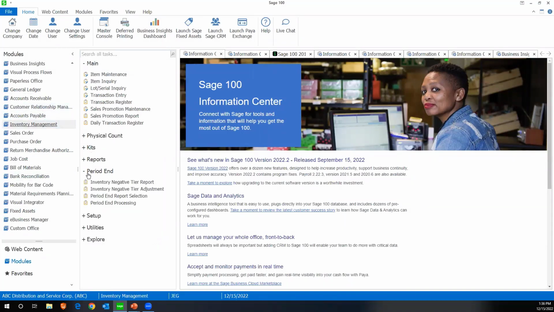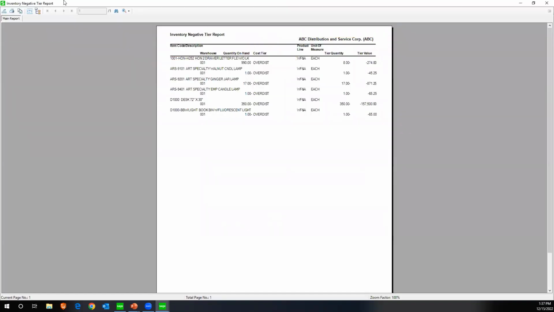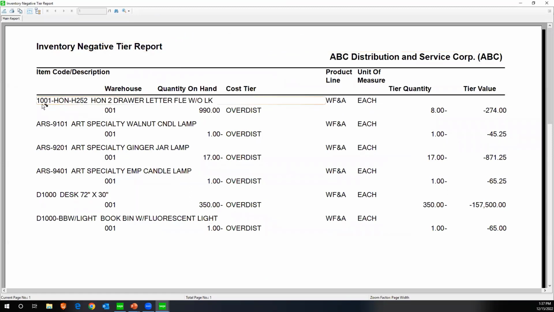So underneath inventory, if I go to period end and I run this inventory negative tier report, this will show me any negative tier I have out there in inventory. So for this item, 1001-HON-H252, I over distributed 999. Oh no, I looked at the wrong one. Sorry.